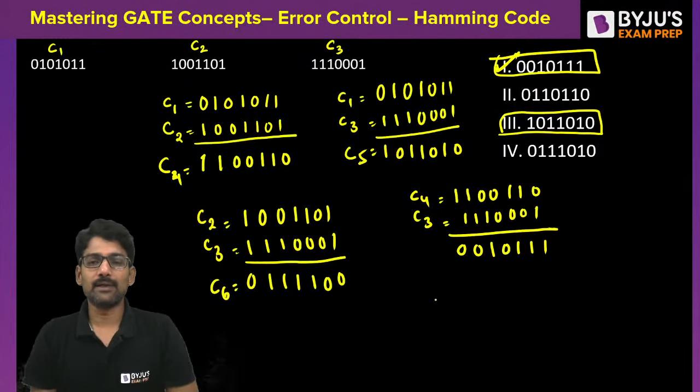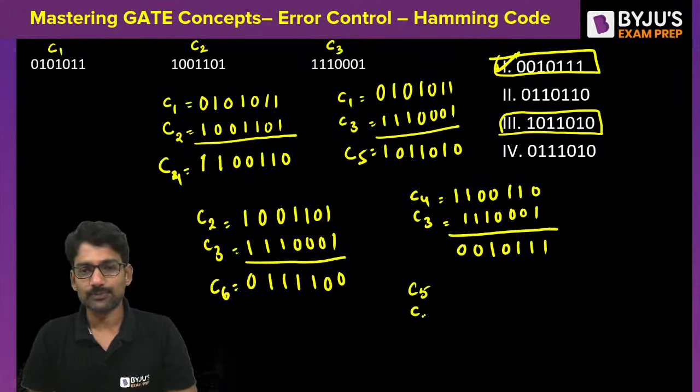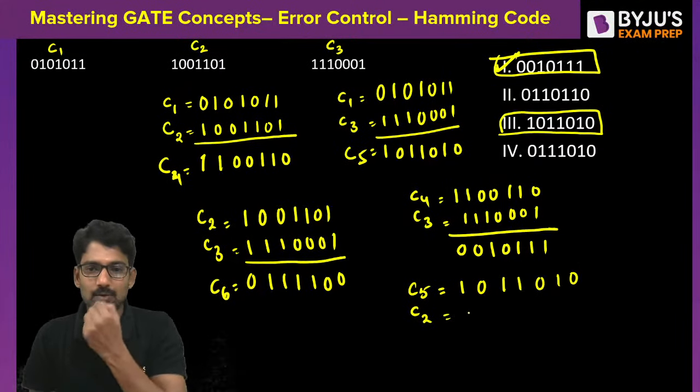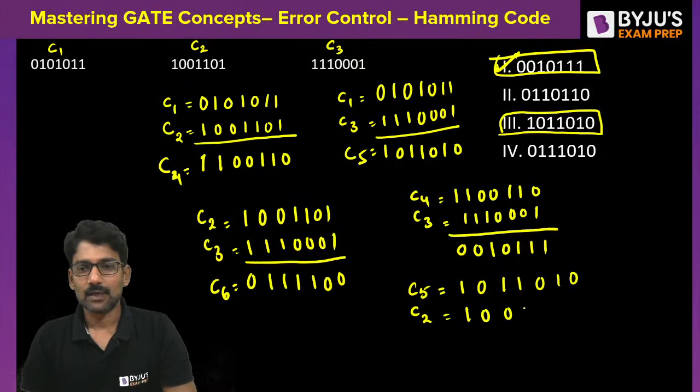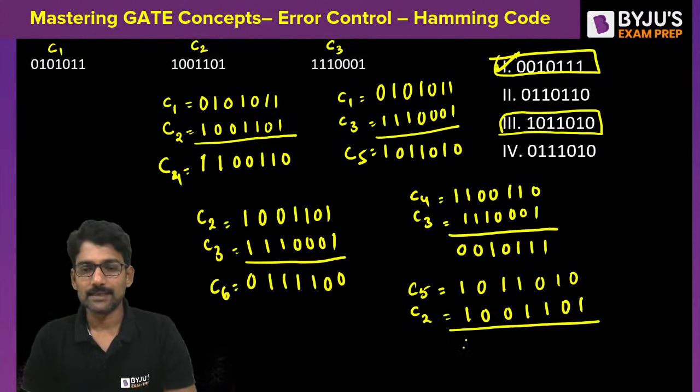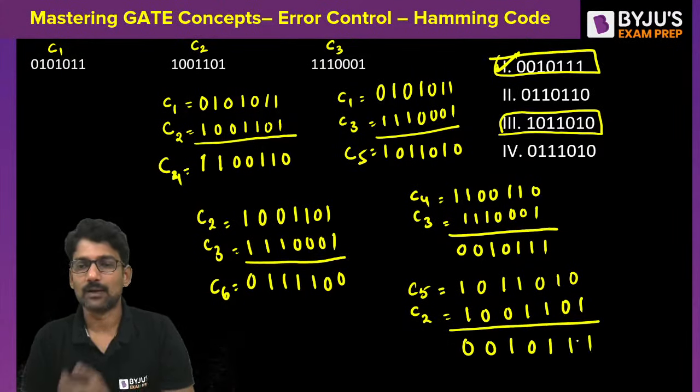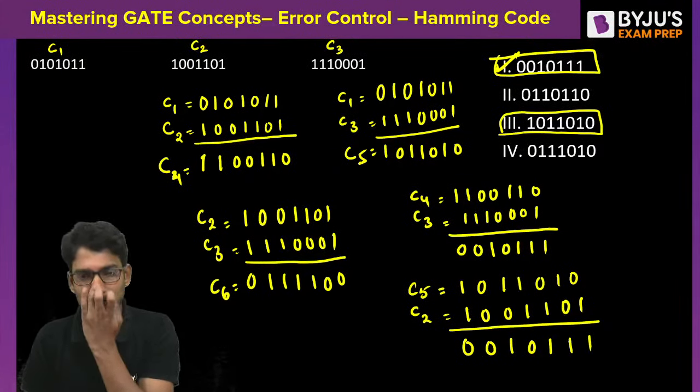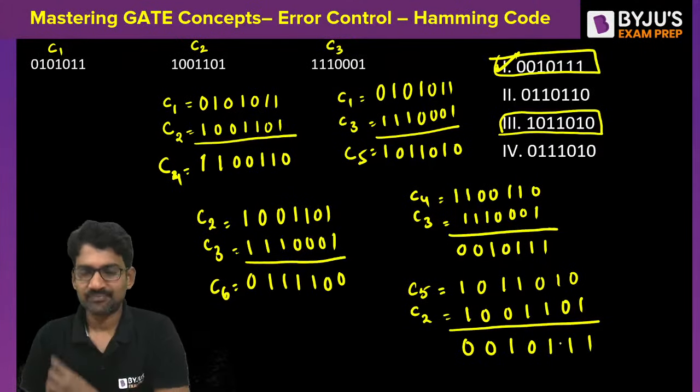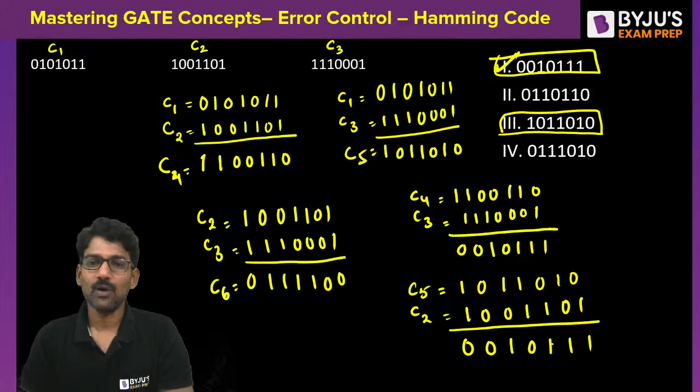So the remaining you do C5 and C2. C5 is 1 0 1 1 0 1 0. C2 is 1 0 0 1 1 0 1. It is 0 0 1 0 1 1 1. Do you have this? No. Right? Okay.